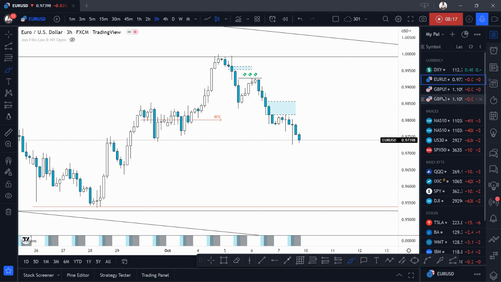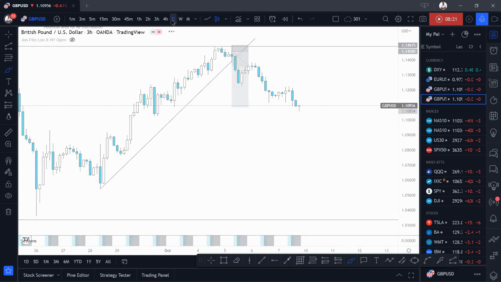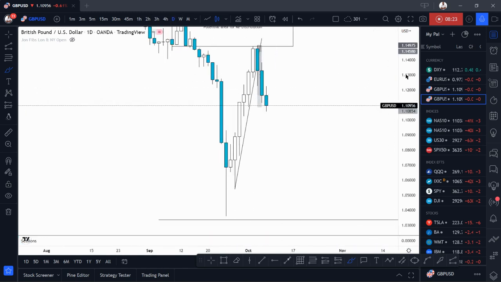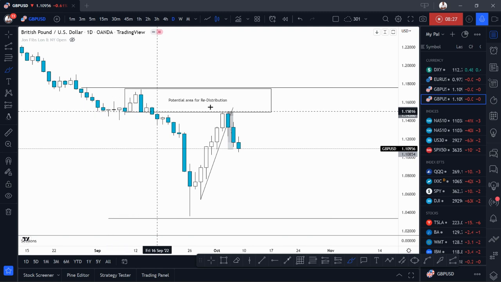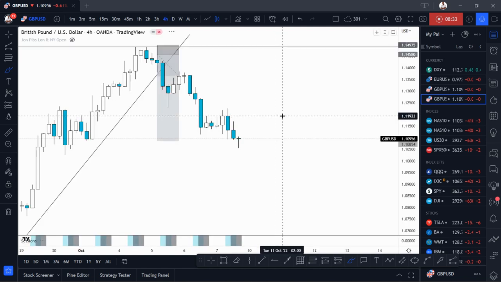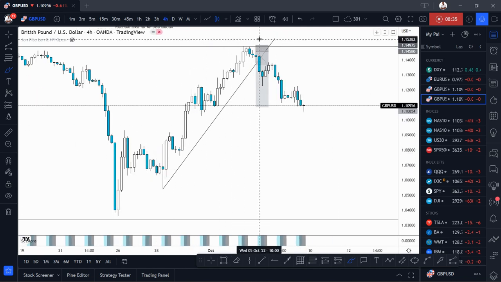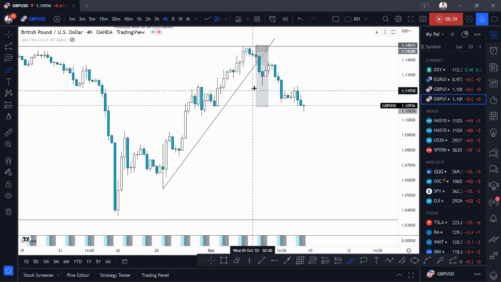and then GU probably the same. Yeah, GU, you can see how price came into that potential area that we had and then started redistributing, breaking down this trend line that I see. You can see how price broke that trend line, kind of retapped it and then continued all the way down.